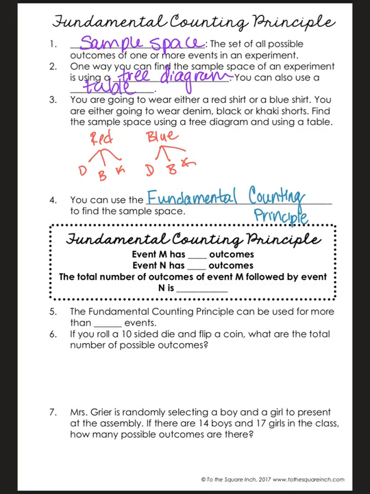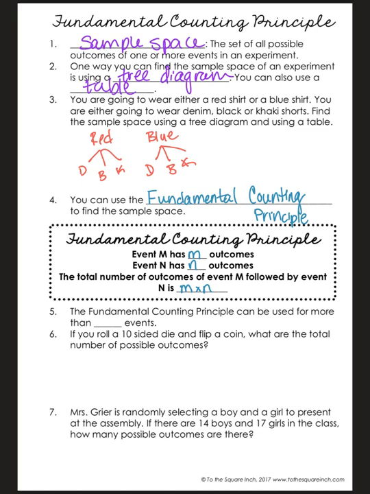And so let's say we have our first event called M, and event M has M outcomes. Okay, event N has N outcomes. So what that means is the total number of outcomes of event M followed by event N is M times N.